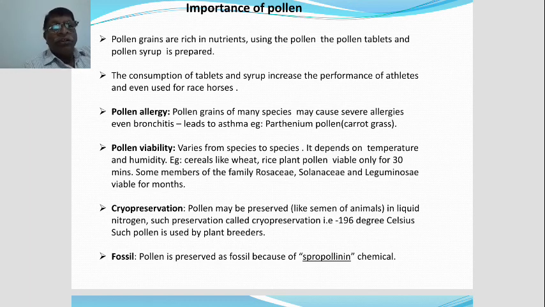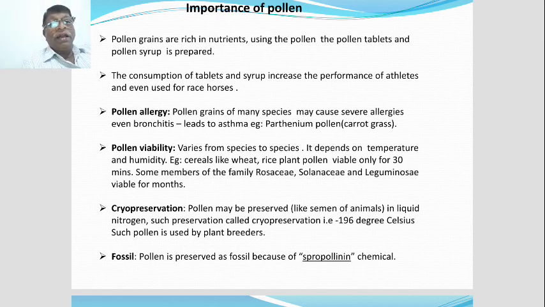The consumption of these tablets and syrup increases the performance of athletics. Athletics means running race. If they take the tablets, since they contain proteins, they get good energy and run well. And it is also administered to race horses. Race horses are also given this. This is how pollen got importance.